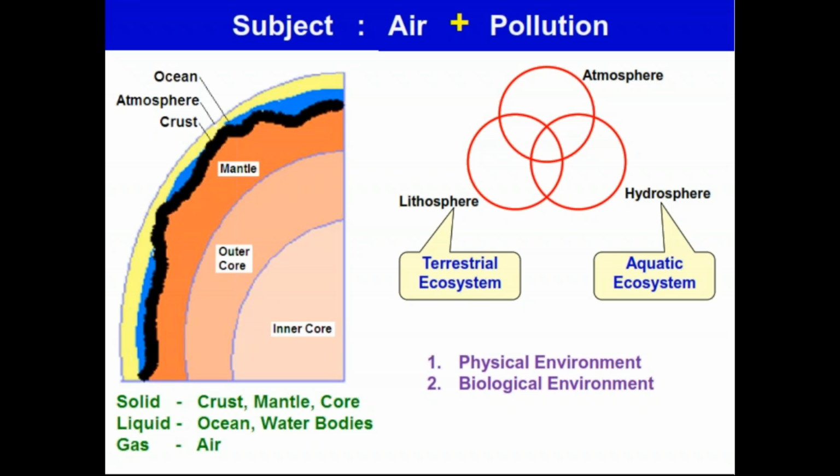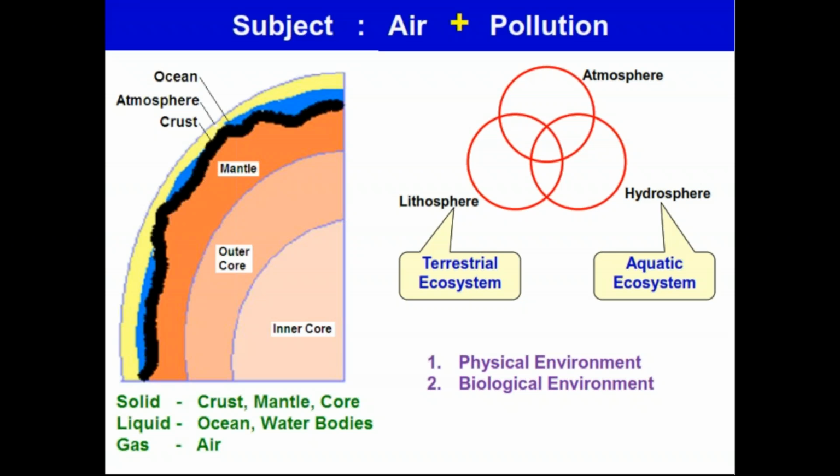And before going to discussion about air pollution, we have to understand about the earth where we are living. This earth has three main parts: the inner core, outer core and mantle. Here we can see there are different types of crust.